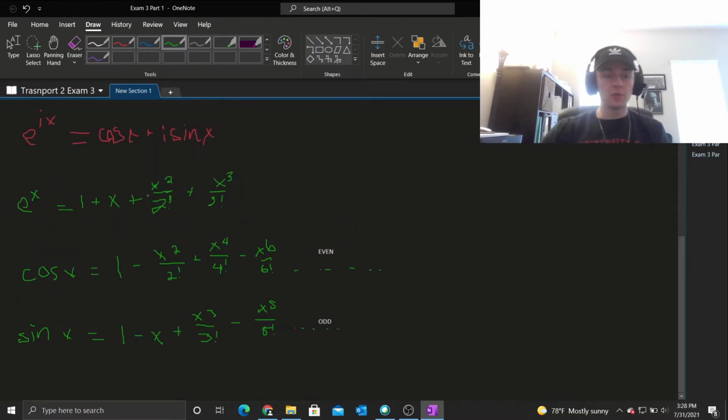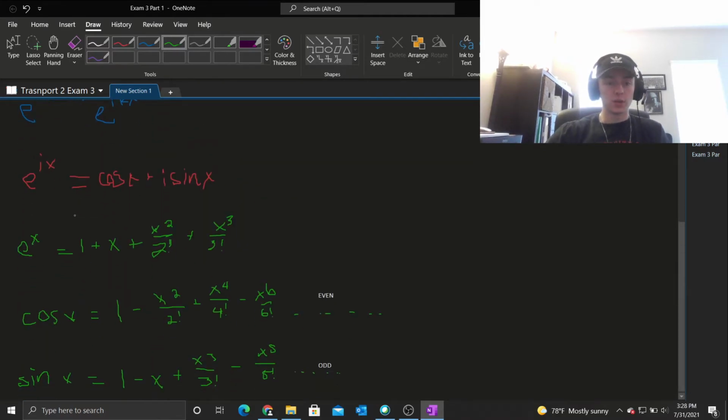So if we bring in the imaginary number, we can say that the cosine of x plus i sine of x is equal to e to the i x.